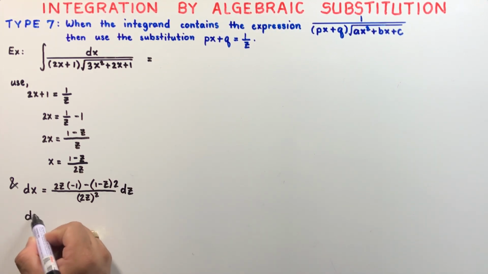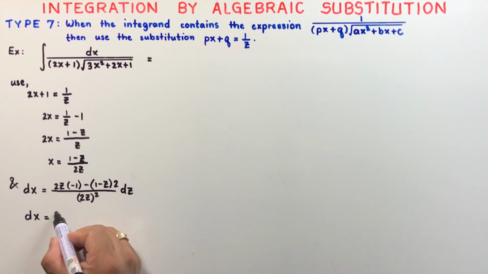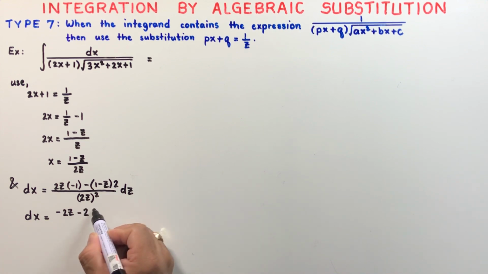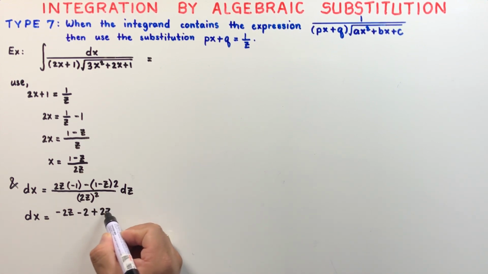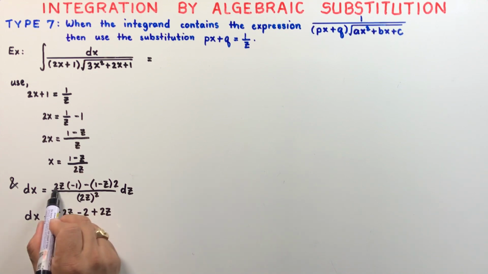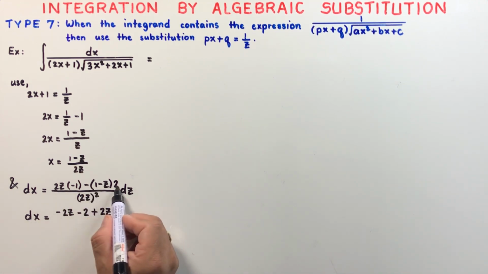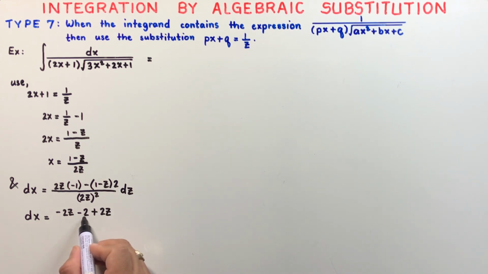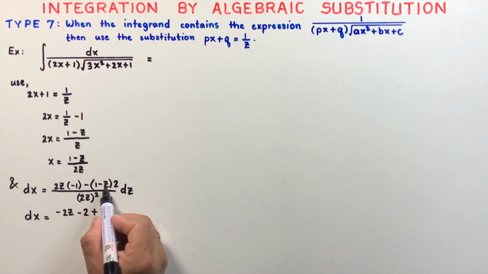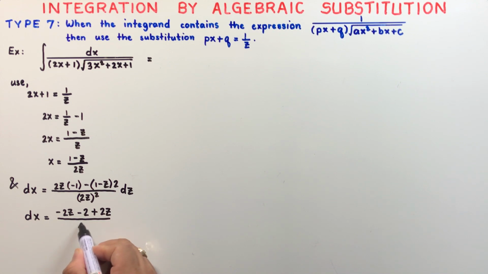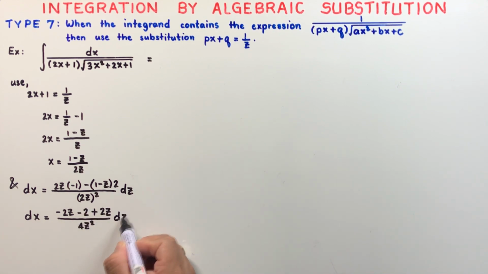So, simplifying our fraction, we have negative 2z minus 2 plus 2z here, because negative 1 times 2z is negative 2z. But this negative 1, when multiplied by 2, the result is negative 2. And this positive z, when multiplied by 2, we have 2z. So this is divided by 4z squared when you square this 2z here.